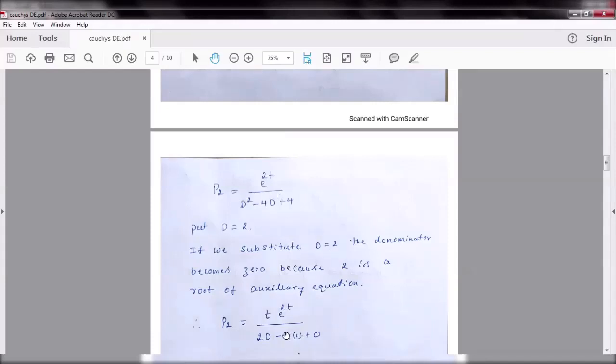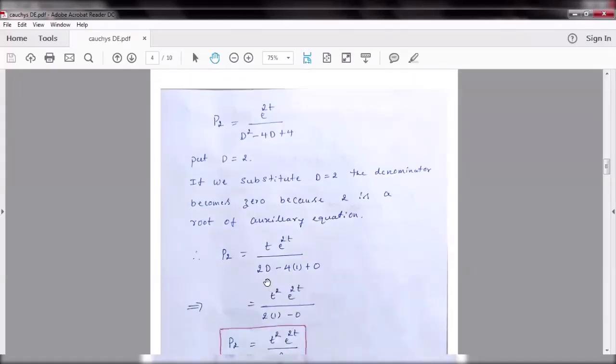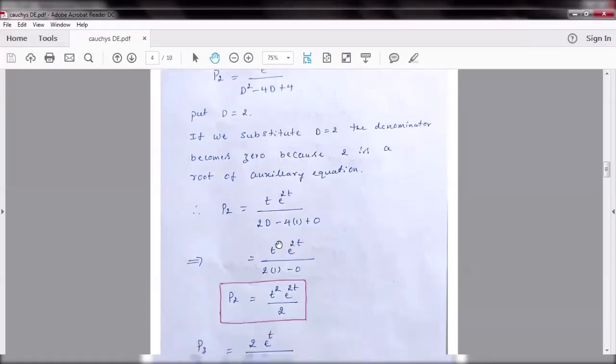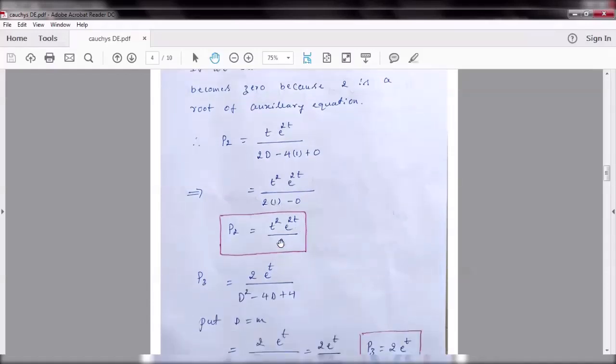So write t in the numerator: t e^(2t) by the derivative of the denominator, where the derivative of D² is 2D and of 4D is 4. Again the denominator becomes 0, so make it t² e^(2t); the derivative of 2D is 2 and of 4 is 0. So P2 will be t² e^(2t)/2.